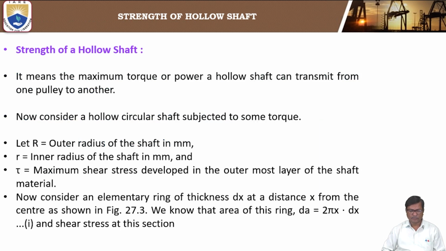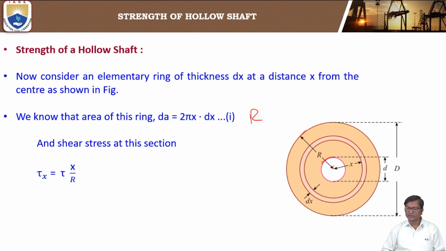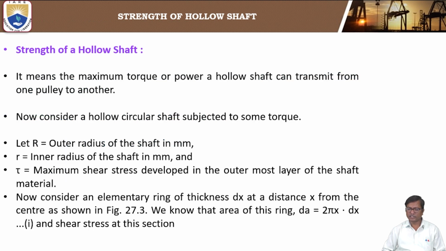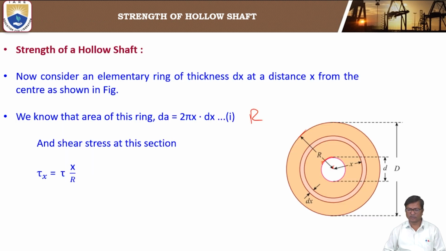And tau is the maximum shear stress that is developed, which will be at the outer surface.